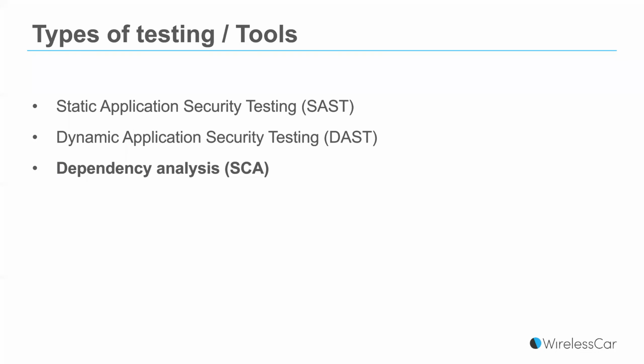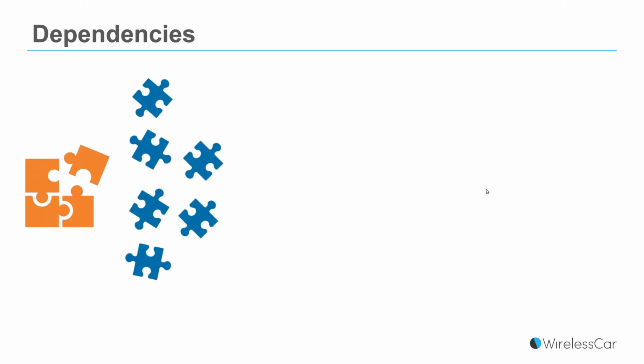The next type of testing is dependency analysis or software composition analysis. Your application often is composed of multiple libraries, not only your own code, but other libraries which you import. These tools combine the names of these dependencies and versions into a list, usually called a software bill of materials.